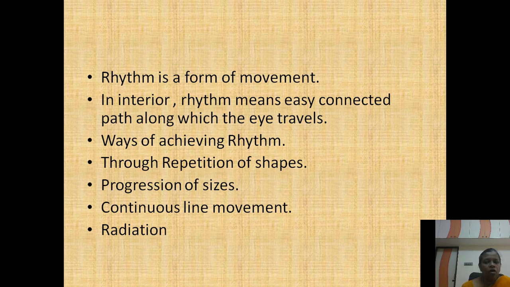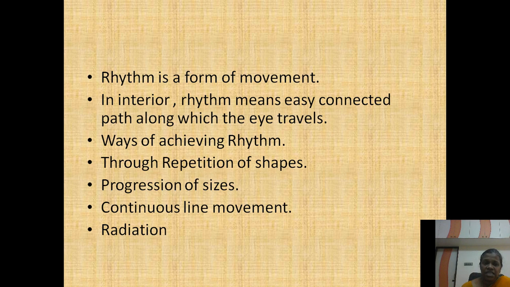So in interior or family resource management, rhythm means an easily connected path along which the eye travels. In a plain surface there will be no eye movement. But when you keep a flower vase, or a wall hanging, or a modern clock on the wall, what will happen? The eye will start moving.